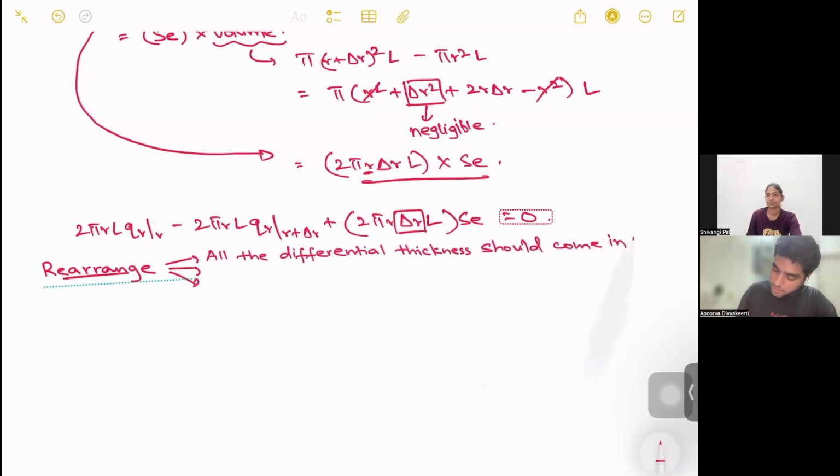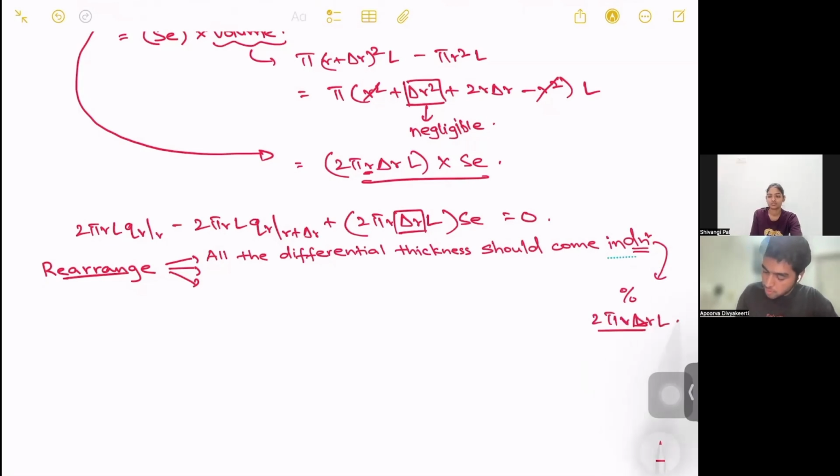So by this condition, we have to divide the whole equation by 2 pi R delta R into L.